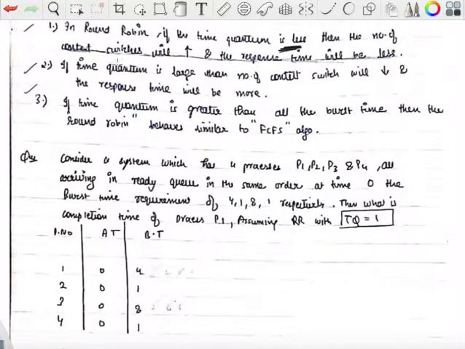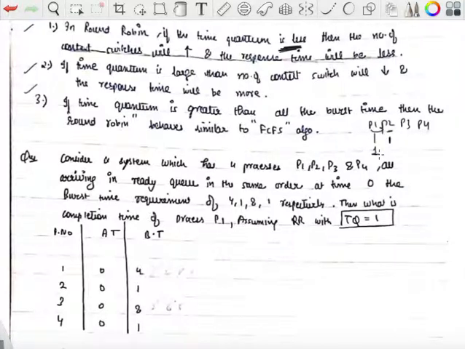Now, the time quantum is less, so your process will be executing for less units of time, and more context switches will be there. Suppose there are processes P1, P2, P3, P4, and P1 is executing for 1 unit of time, then the next chance is given to the next arrived process. Suppose it is P2, it executes for 1 unit of time.